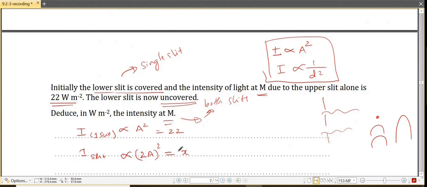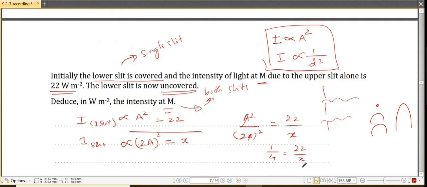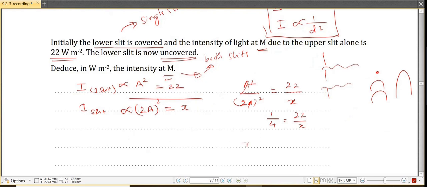So I want to now find out the value of x. So what do I do? I'll take the ratio. So a square upon 2a the whole square equal to 22 upon x. So a cancels, 2 square, 1 upon 4 equal to 22 upon x, or x equal to 4 times 22, which is 88 W m^-2.